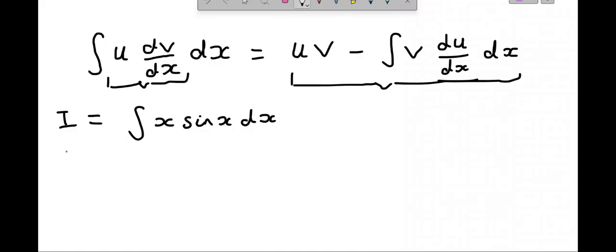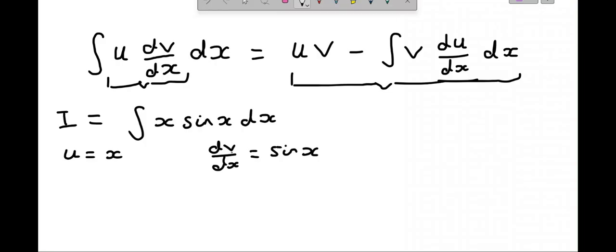So here I'm going to select u is equal to x, and I'm going to take dv by dx is equal to sine x. So what I'm saying here is I don't yet know what my function v is, but I'm going to take dv by dx as sine x.